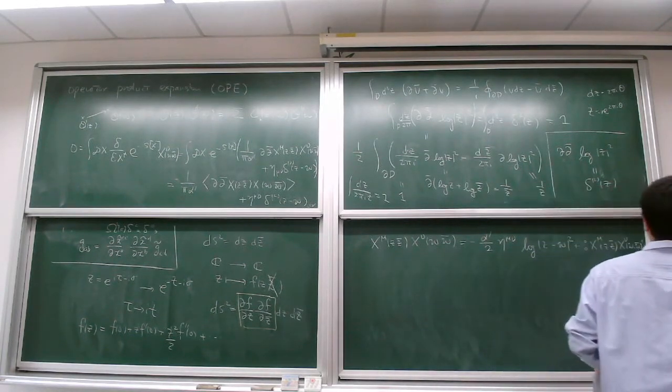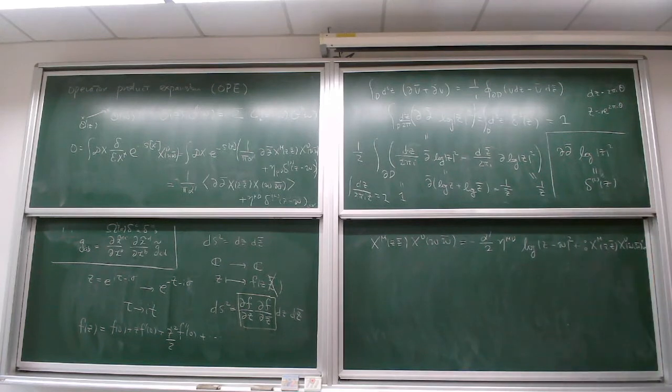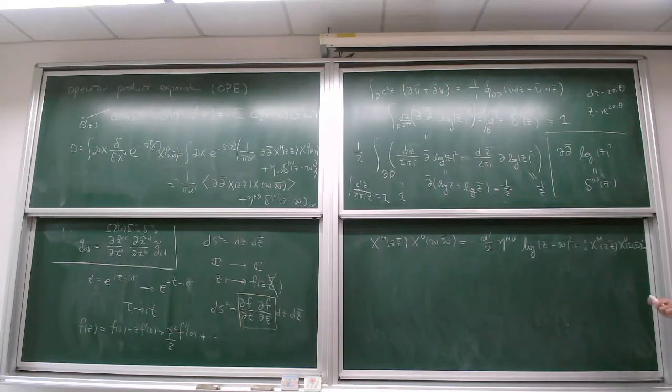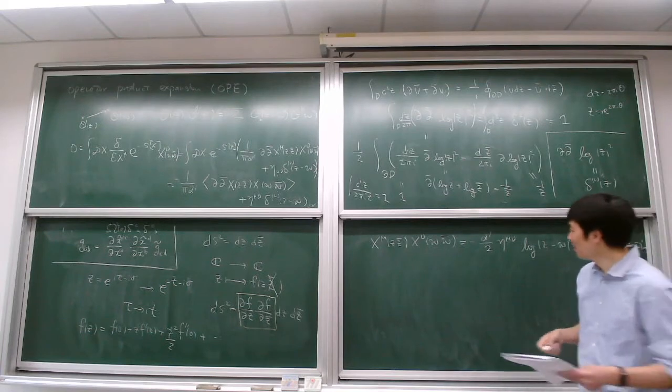Since this is a normal ordered product, all the creation operators go to the left and the annihilation operators to the right. So therefore, if you take the expectation value, you get 0. Okay, do you understand?